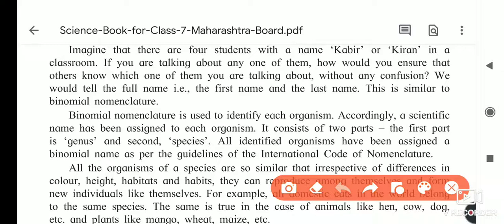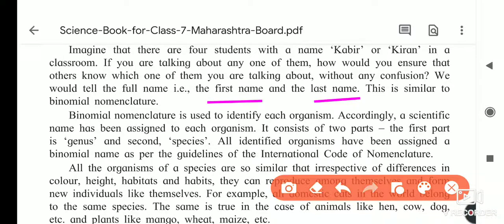In this way, that person will understand that I am speaking with him, without any confusion. But if I just say Pranav, then the four students will get confused about whom the teacher is speaking with. So we tell the full name, the first name and the last name.